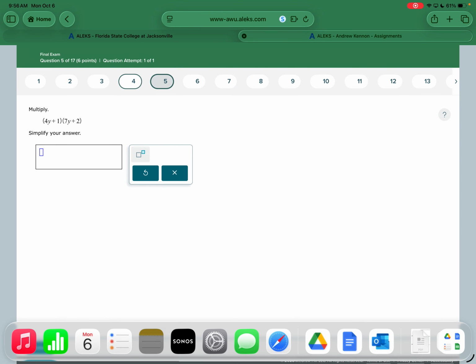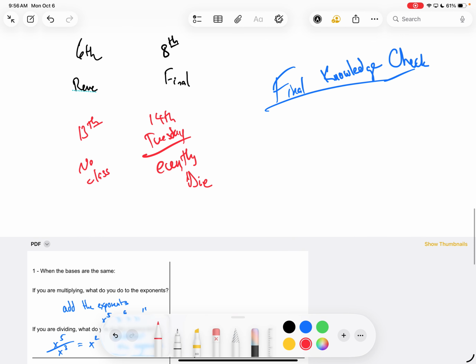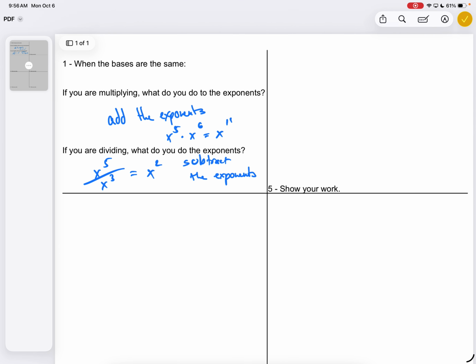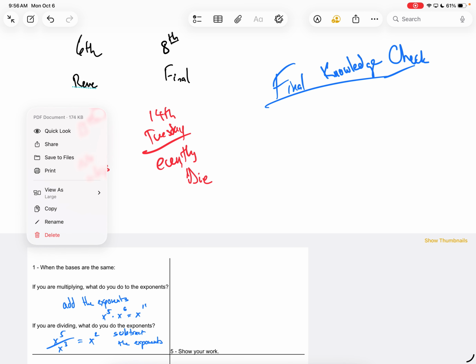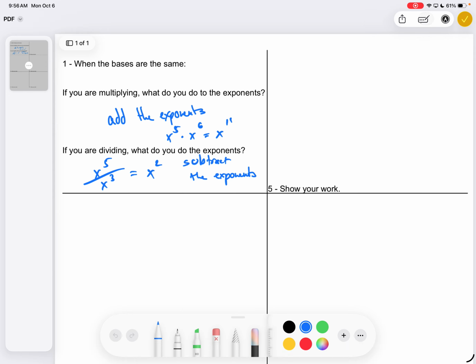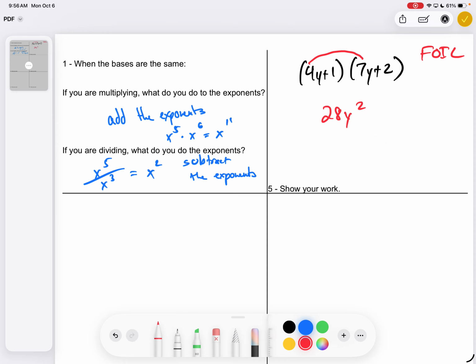All right, number 5 is on our show work page. (4y plus 1)(7y plus 2). Most of you probably know what to do on here. You are going to FOIL, right? First, 4y times 7y would be 28y squared. 4y times 2 would be 8y. 1 times 7y would be 7y.